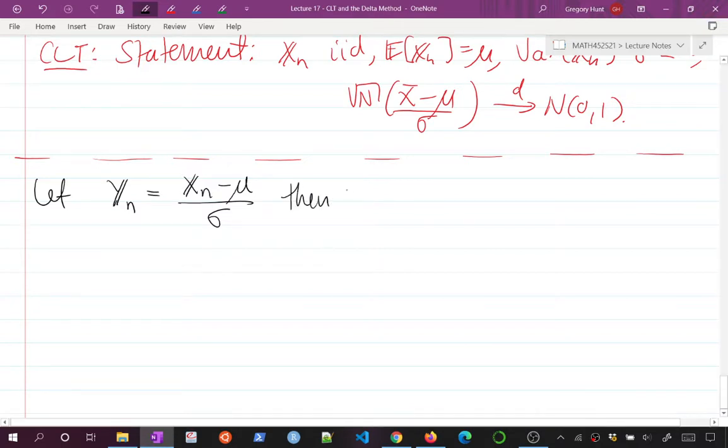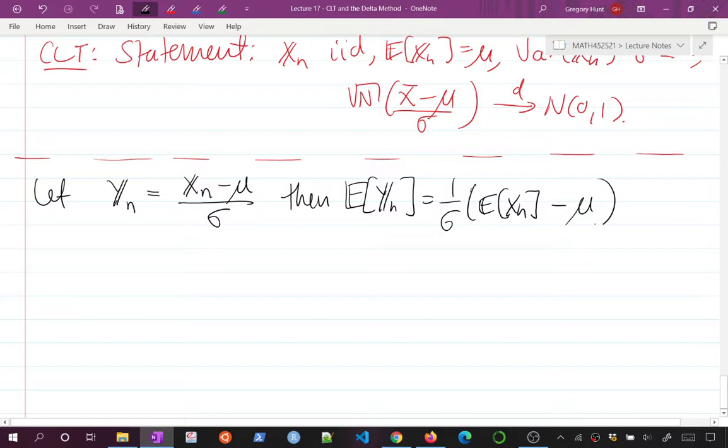If we do this, then the expected value of my yNs is 1 over sigma times the expected value of my xNs minus mu. That's by linearity of expectation, and that's 0, right? Because this expected value of xn is also mu.